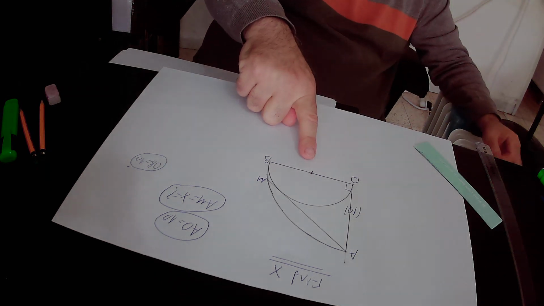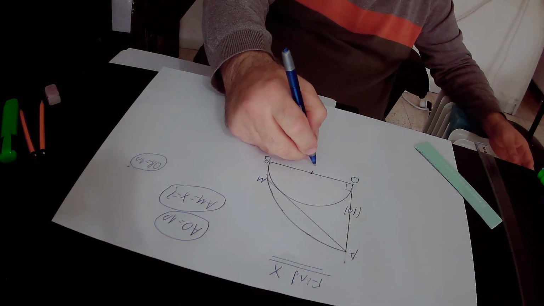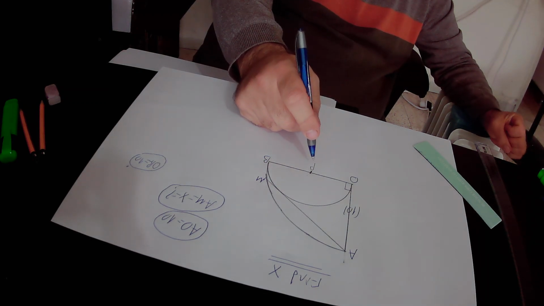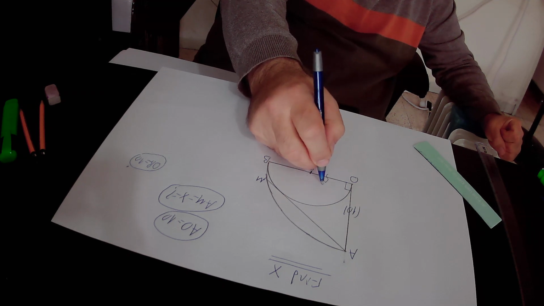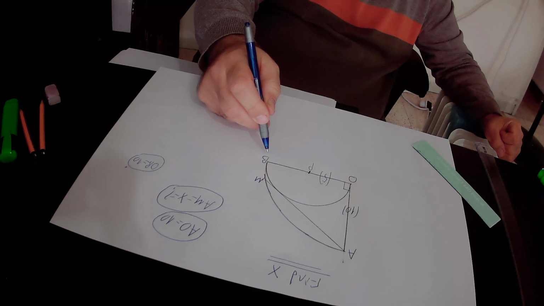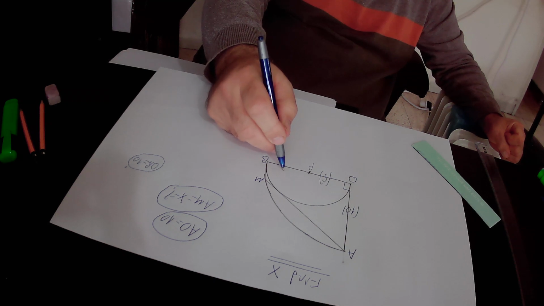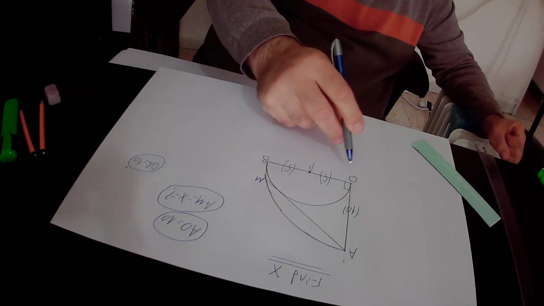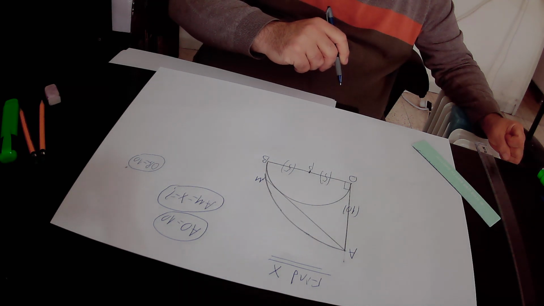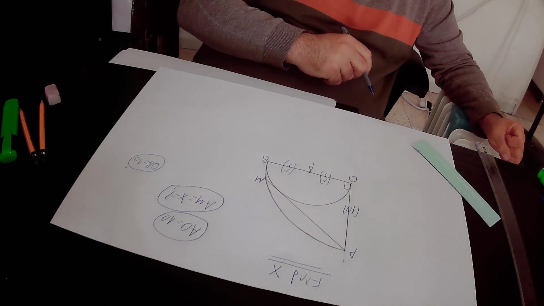We define the center of this semicircle as P. So OP is the radius of this semicircle, therefore it is equal to 5 units in its length. PB is also the radius of this semicircle, therefore it is equal to 5 units. Again, the radius of the semicircle equals 5 units, and the radius of the quarter circle equals 10 units.